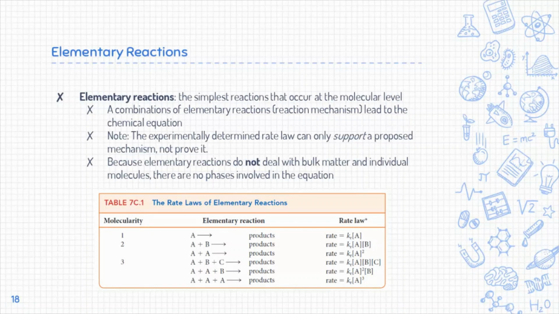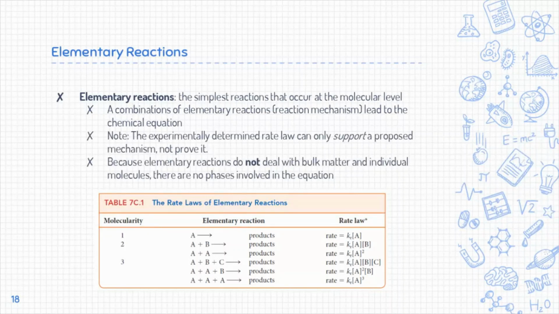So now we've just made a connection between them. But something to note is that just because your mechanism matches the rate law that was determined experimentally doesn't mean that it's 100% correct.